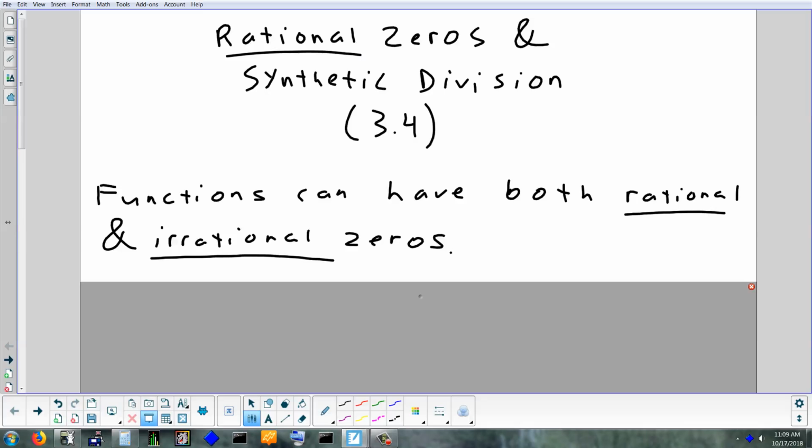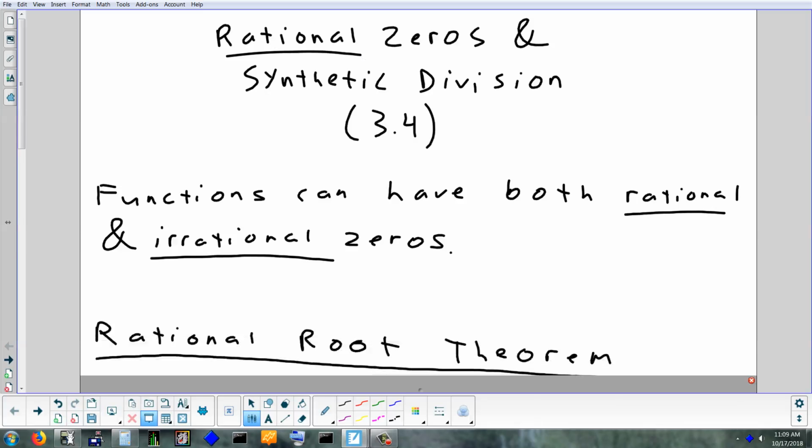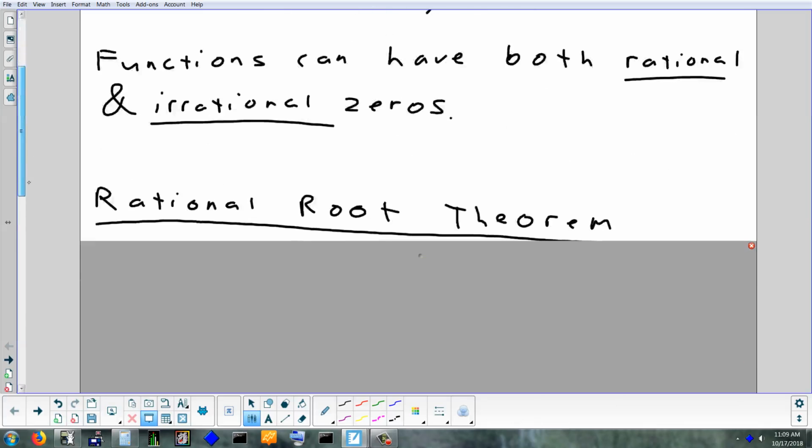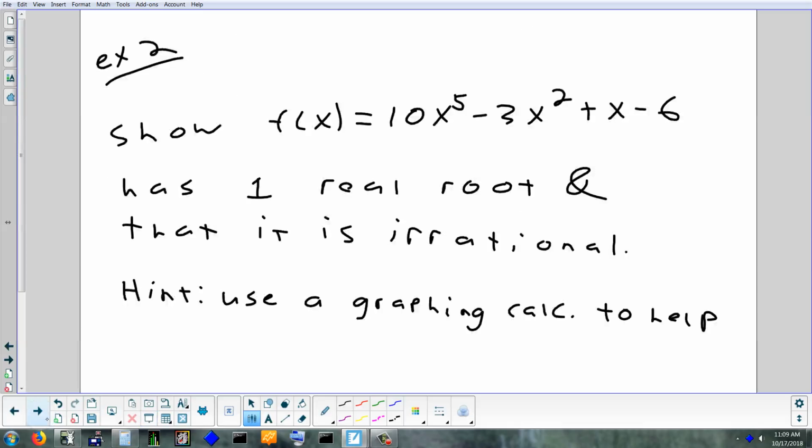This doesn't work all the time, but if I give you a problem and I say use the rational root theorem, I'm going to give you a problem that it would work on. I'm not going to give you one that it doesn't. So, first of all, we have to start off with a polynomial. When I give you an actual problem, it might be something like 10x to the 5th minus 3x squared plus x minus 6.